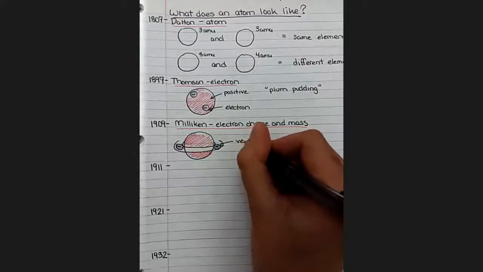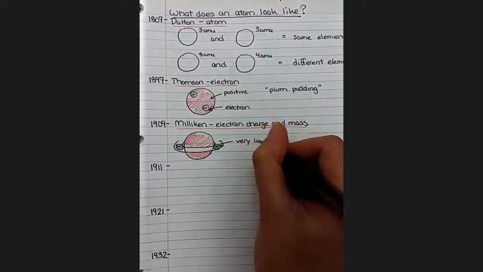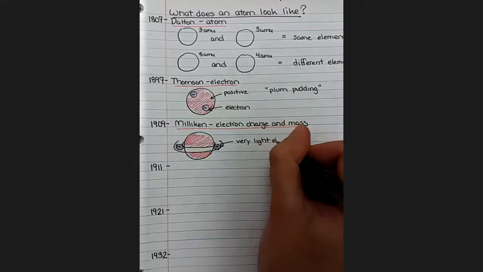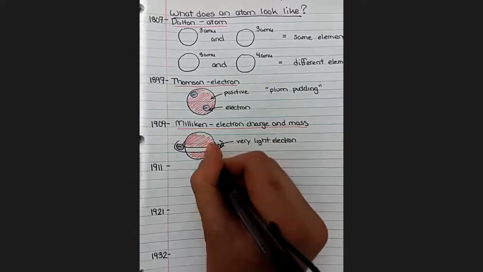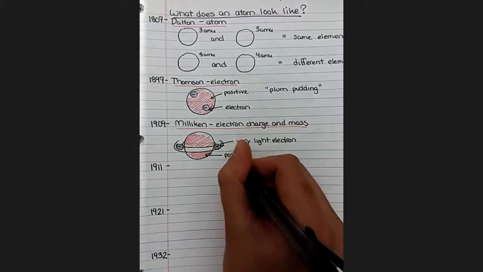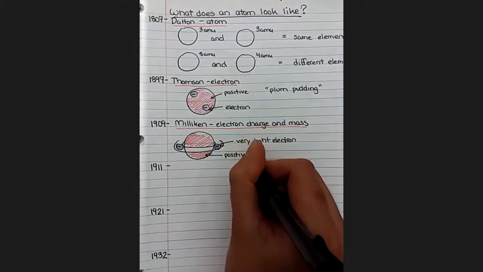So we have these very, very light, negatively charged electrons, and we still think there's a positive blob in the center of the atom.